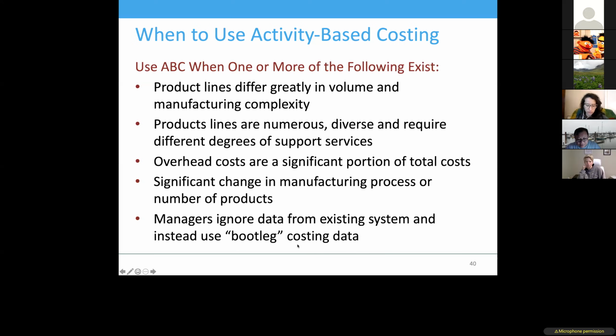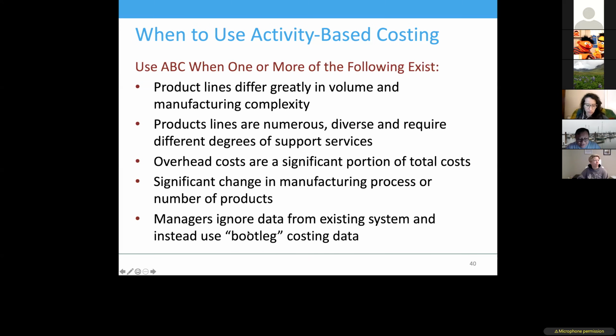I think he means incorrect data instead of the existing system data. So basically, this manager is not really using the system, not really using the numbers in the system. Yeah, I think that's what it means.